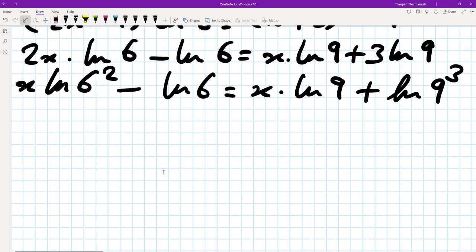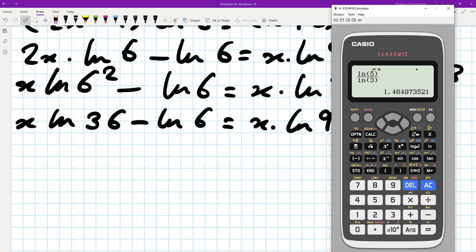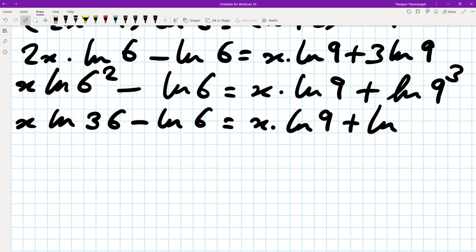So now we could write this as x ln of 36 minus ln 6 equals x times ln 9. And we're just going to do 9 to the power 3 here. So we get 729. So what I want is both x terms to be on the same side.